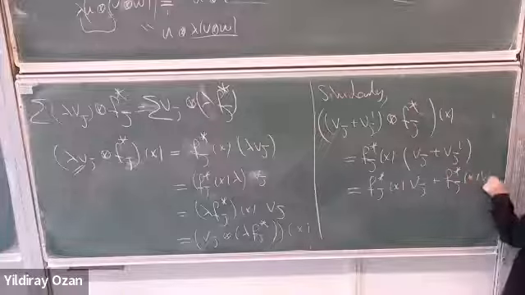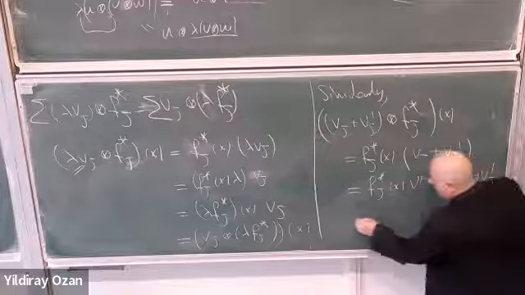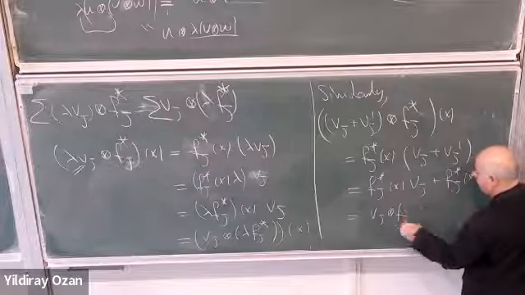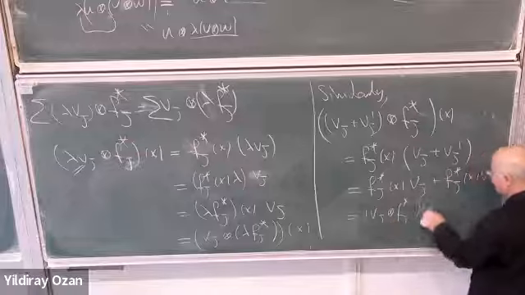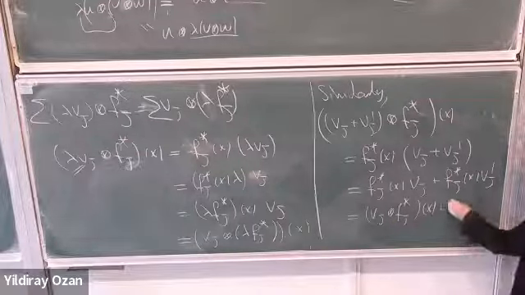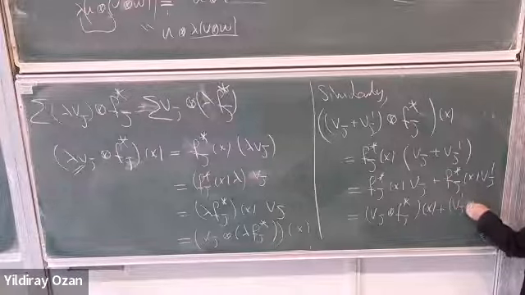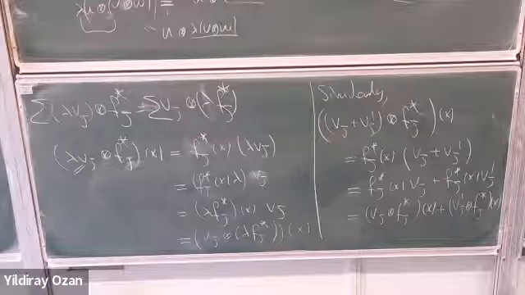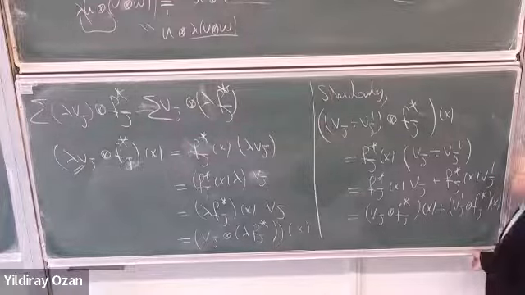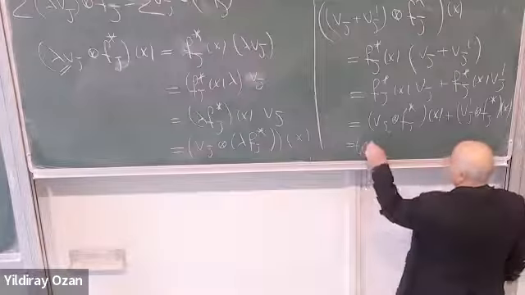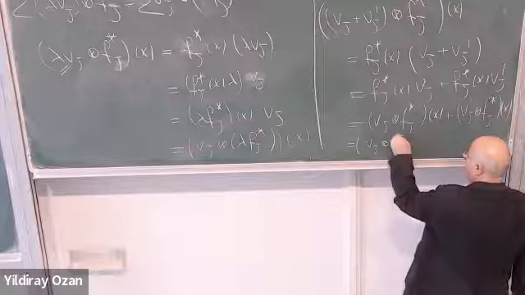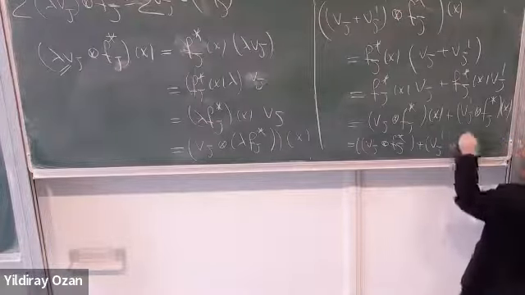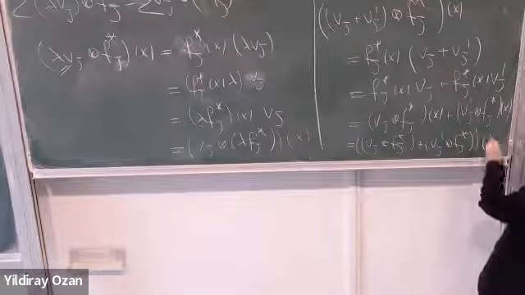So I can write it like this. But then, what is this? This is just V_j tensor F_j star evaluated on X plus V_j prime tensor F_j star evaluated at X. So I can write one more step: V_j tensor F_j star plus V_j prime F_j star evaluated at X.